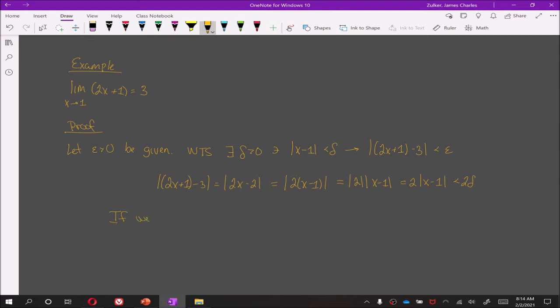So if we take delta to be epsilon over 2, we get the absolute value of this 2x plus 1 minus 3, which we just showed was less than 2 delta, is now equal to 2 times epsilon over 2, which is equal to epsilon. So now this value is less than epsilon, which is what we desired. And so that proof is complete.